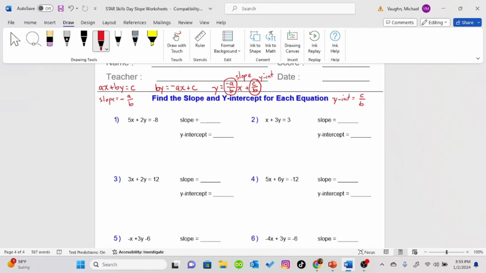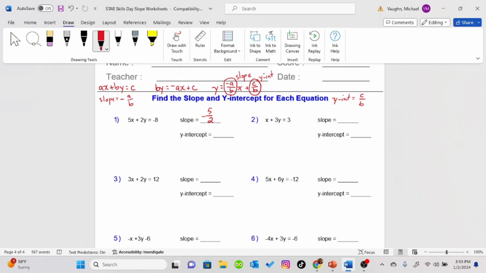So on number 1, my slope is going to be negative 5 because a is in front of my x, and that would be 5, over b, which is in front of the y, and that would be 2. So my slope would be negative 5/2.